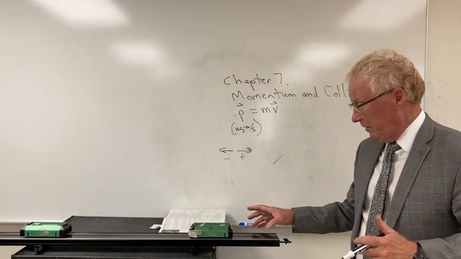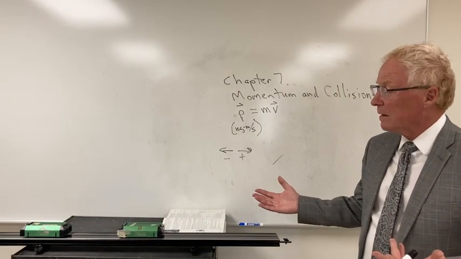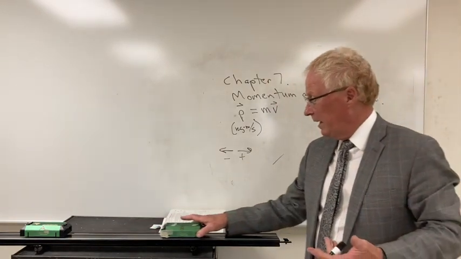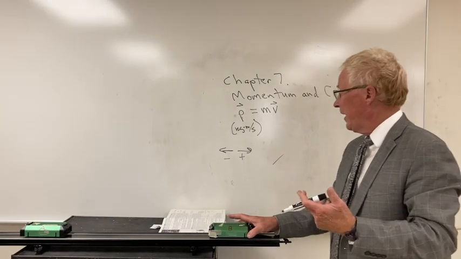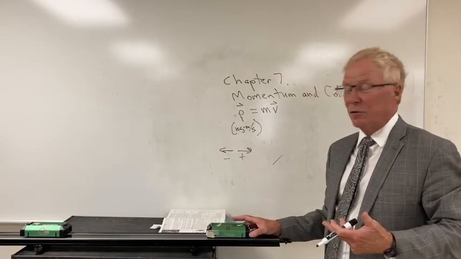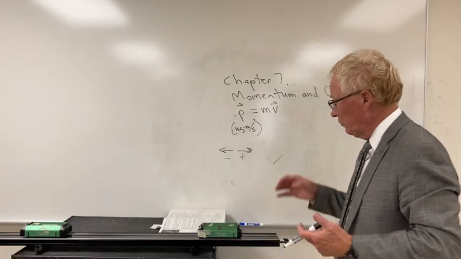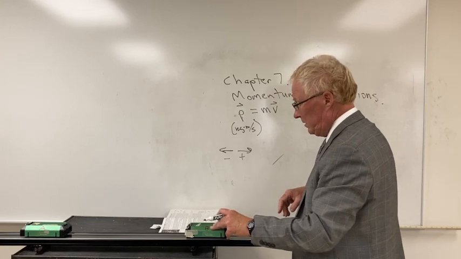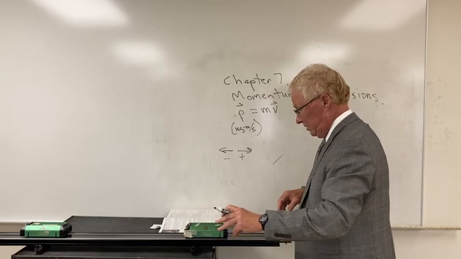In the other direction, it would have a negative momentum. So it would depend on the direction it's going as to its sign. It's very similar to what we've done in chapter 2 and other chapters related to this. So what we're going to get into now is the next part, our collisions.